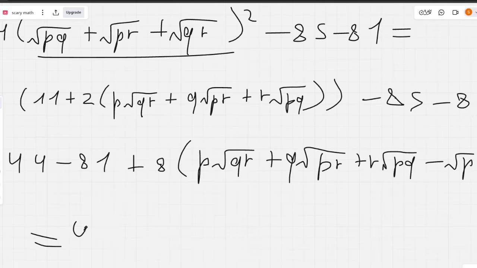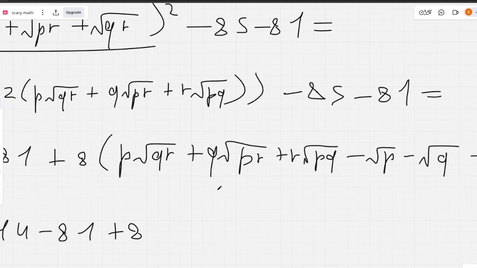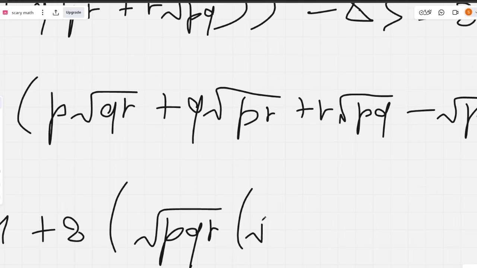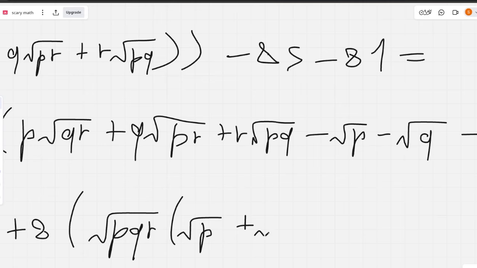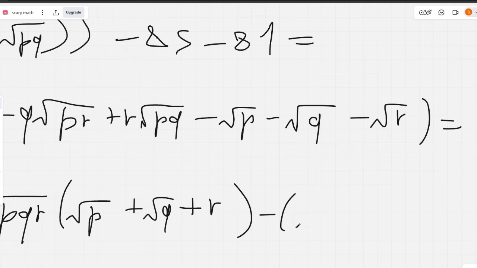And now we can try and bring out some things here. What I'm looking at is that you can bring out the root of pqr here, and get a sum of these roots: p plus q plus r minus the same sum, root of p plus root of q plus root of r.